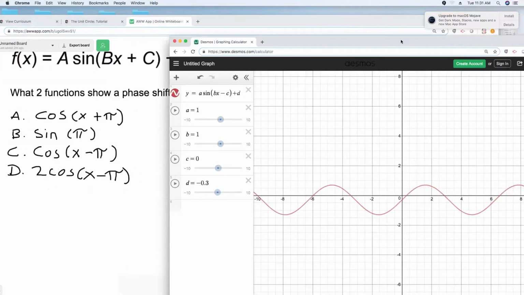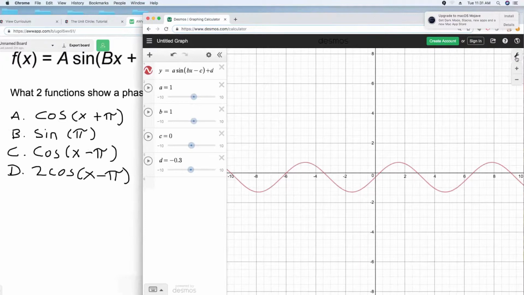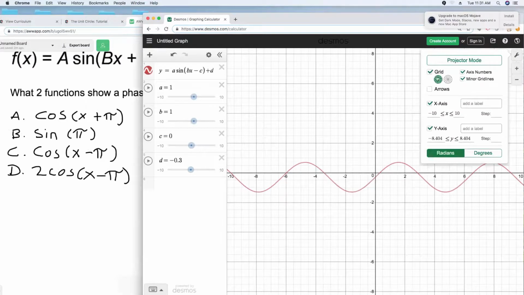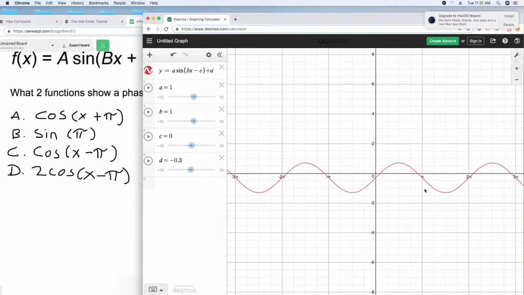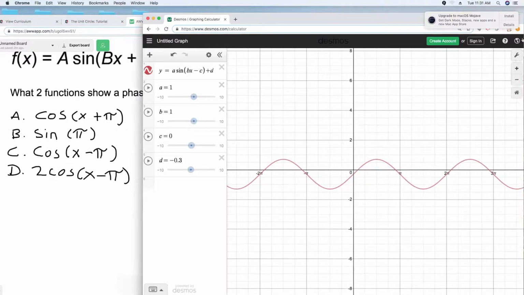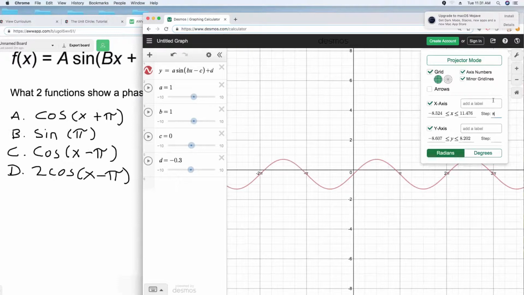All right, the first thing that I'm going to do, I'm going to go to settings. And where you have the x-axis, step tells you by how much you're going to change your graph by. So I'm going to change this to pi. Now, if you notice, now the x-axis has pi, 2 pi, 3 pi. Maybe I'll do it pi over 2.